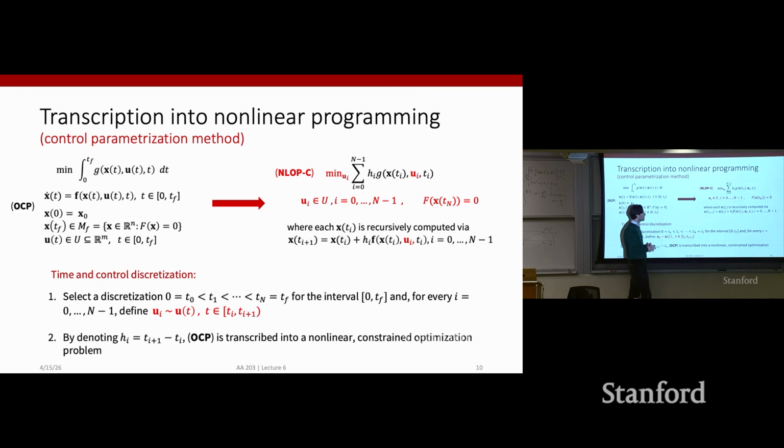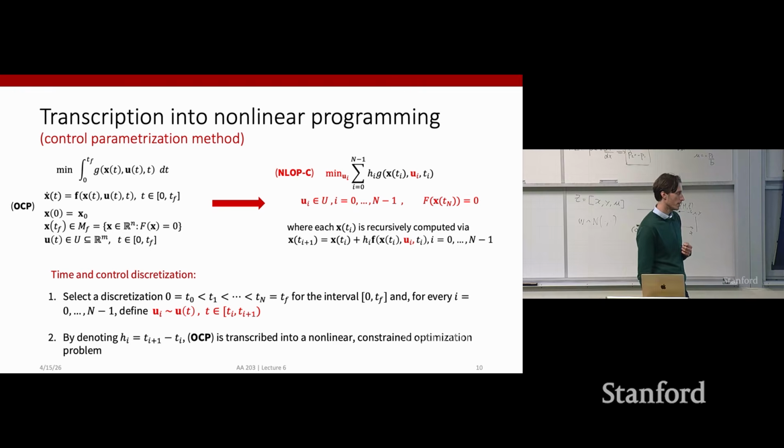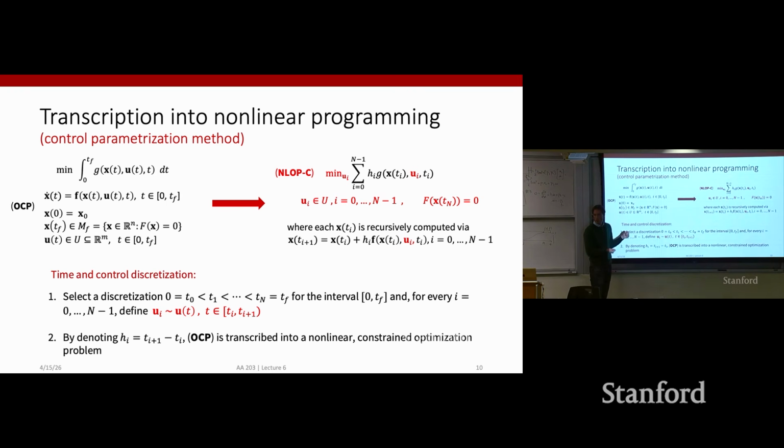And the dynamics essentially become the mechanism through which we are implicitly encoding our states by recursively computing the dynamics over time, right? So as we will see in a moment on the same example in code, this essentially boils down to defining an optimization problem over u, whereby internally we have this inner loop where we are propagating forward our dynamics.